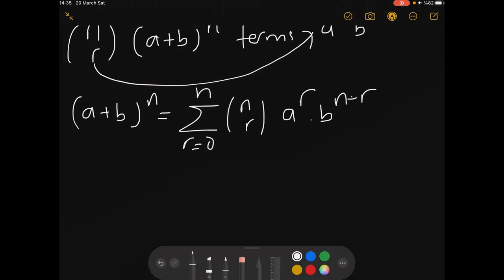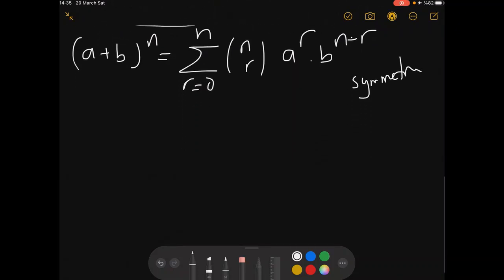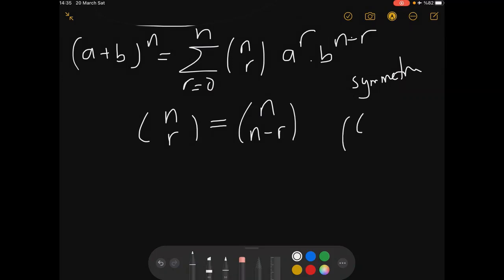That's how you generalize them. The thing about those binomial coefficients is they're symmetric as well. So it means that C(n, r) will be equal to C(n, n minus r). For example, C(6, 4) equals C(6, 2).